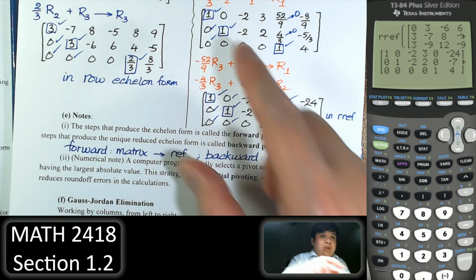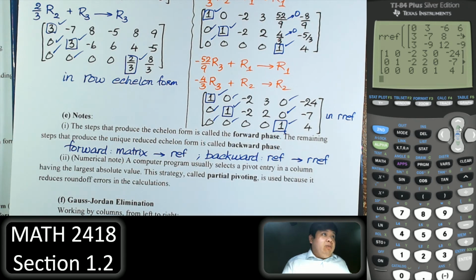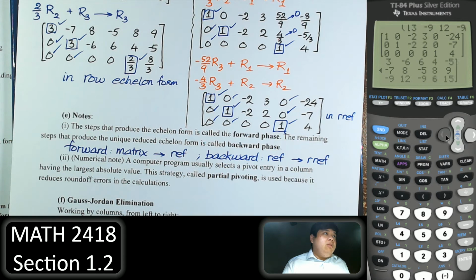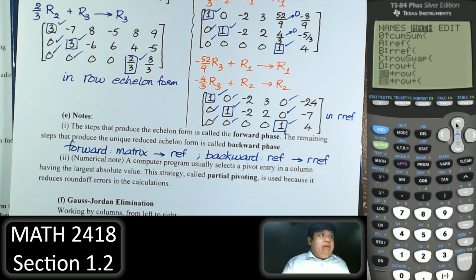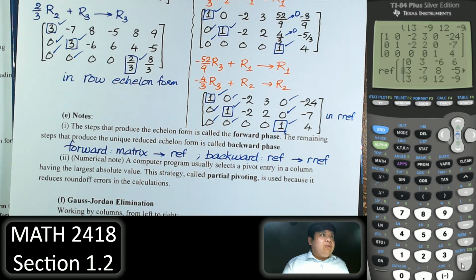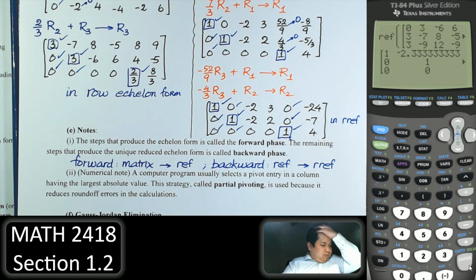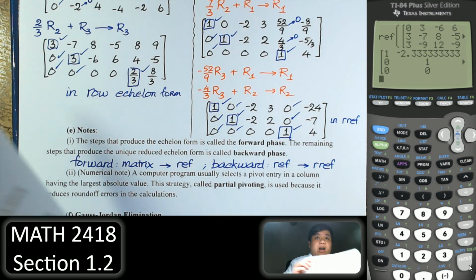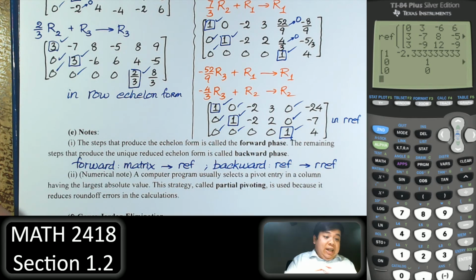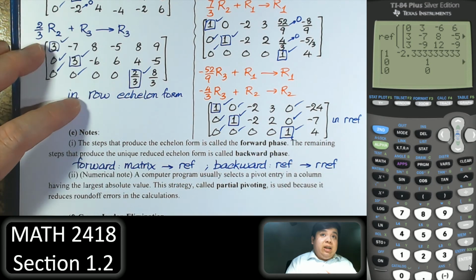So if we use REF instead of RREF, we get something else, because the way the book defines the echelon form is different from what we have here.